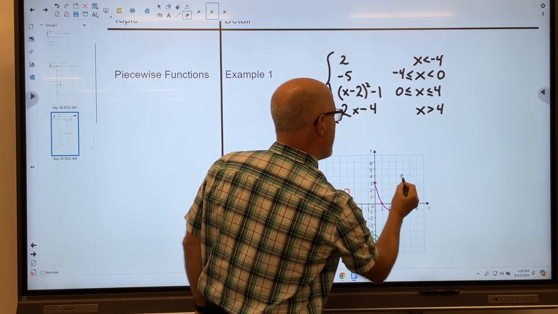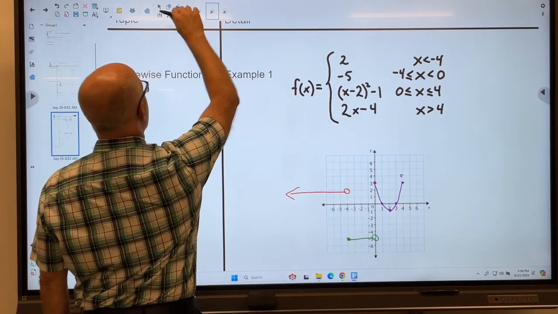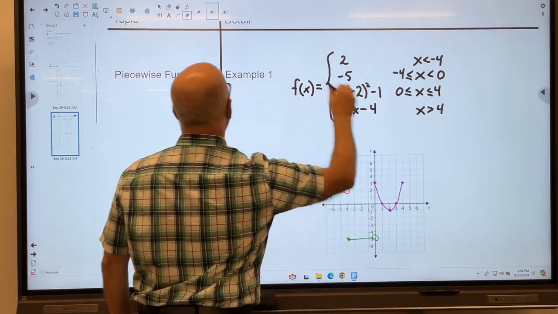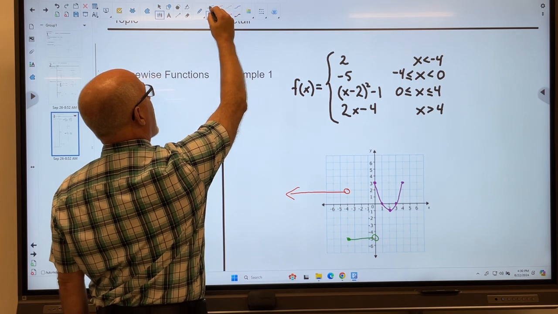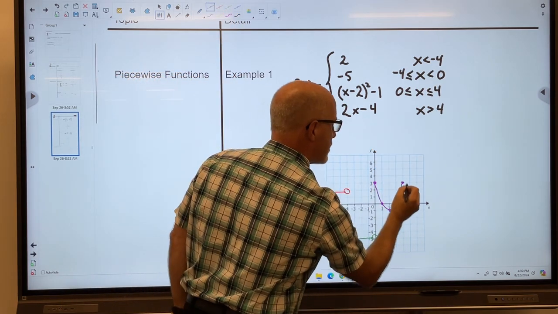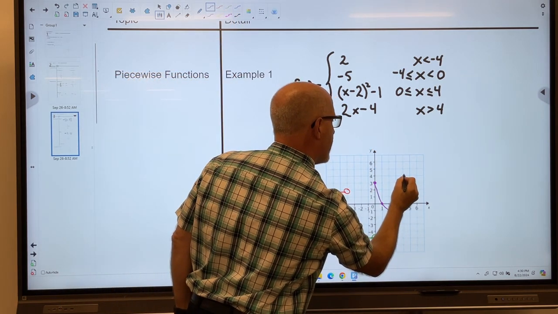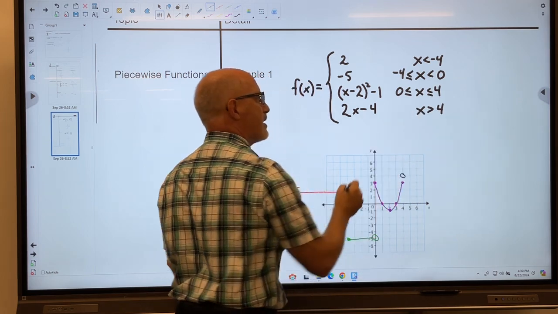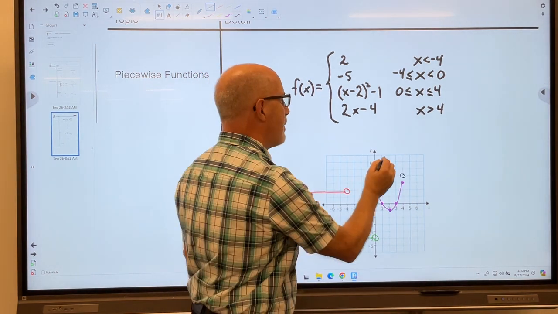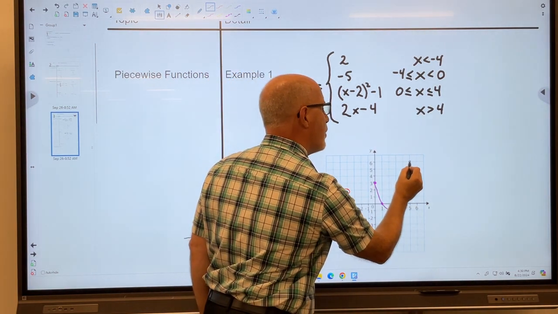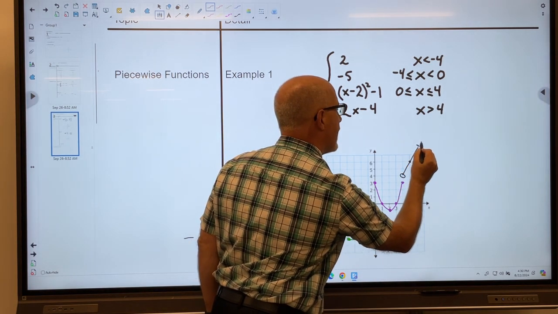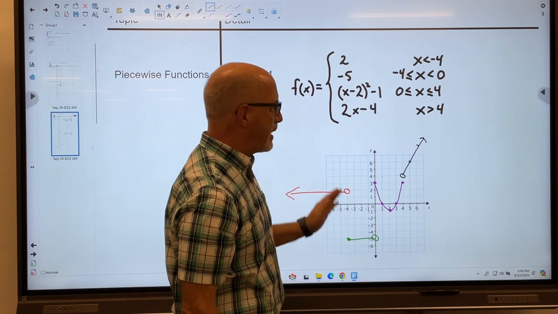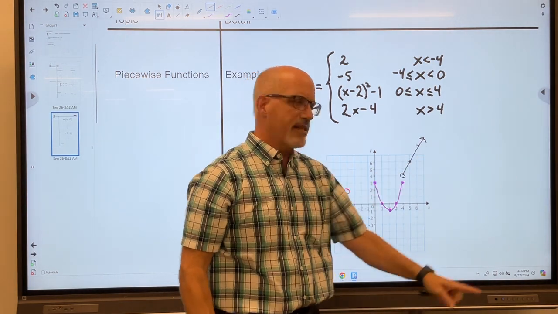And I'm going to put an open dot, let's do a different color. Let's do this one in black. So we're going to start at 4, 4 with an open dot because it does not include it. And now my slope goes up 2 over 1 from there, up 2 over 1. I draw my line going like that, showing that it goes on forever past it.